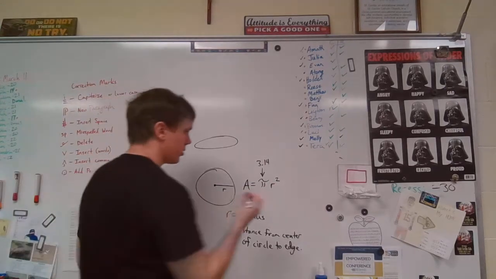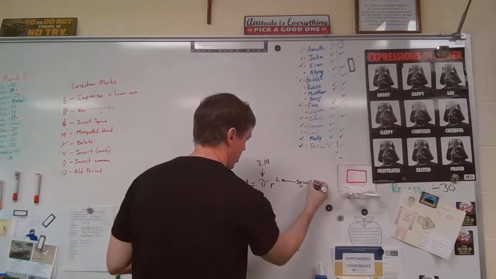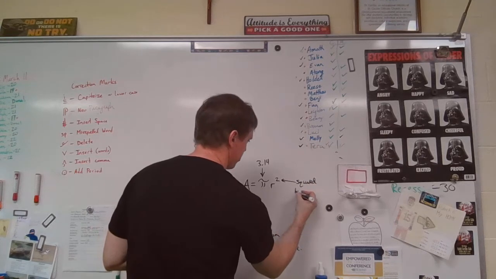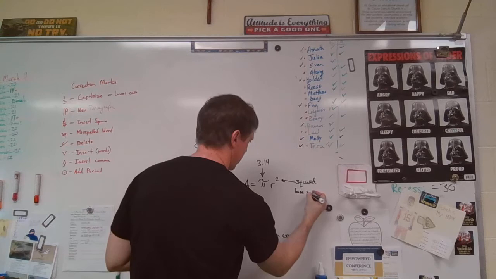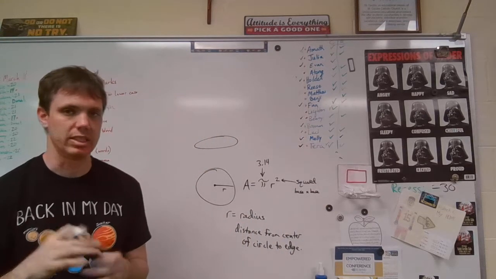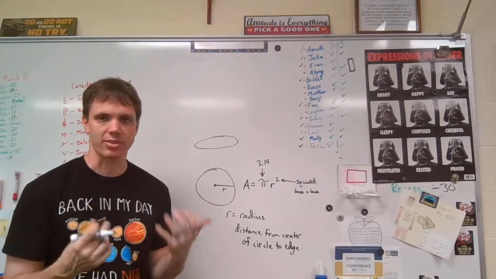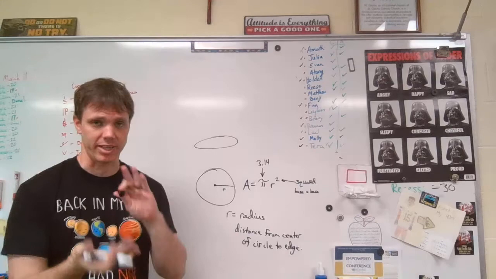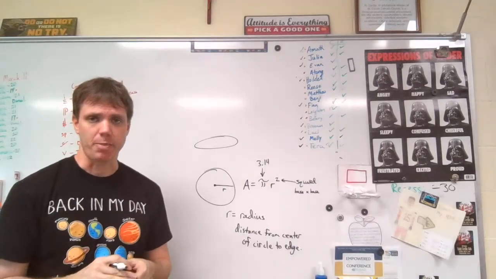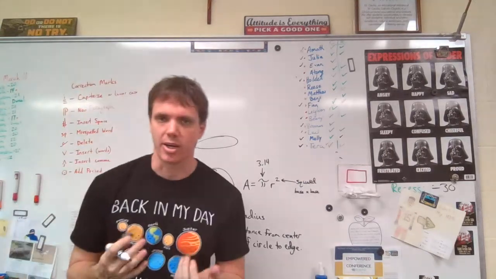Now, squared just means, well, I say base times base, but I hesitate to say that because you guys have just been doing polyhedrons and things, and so in your mind, maybe base means the base of a pyramid or a prism.